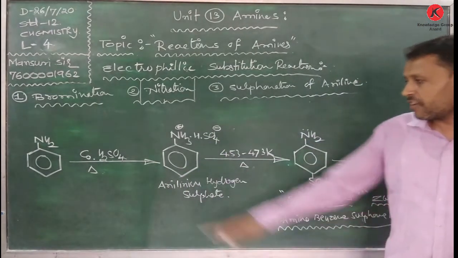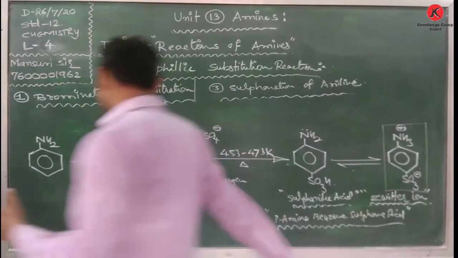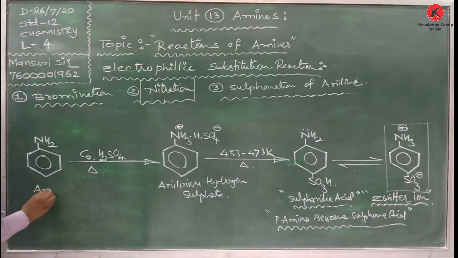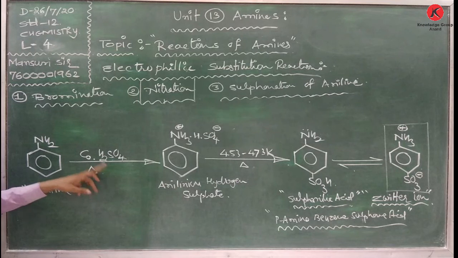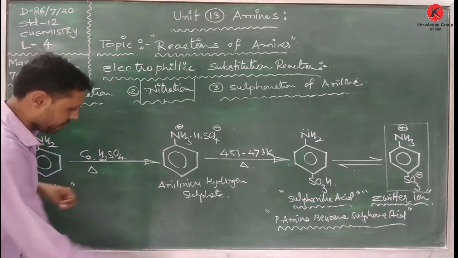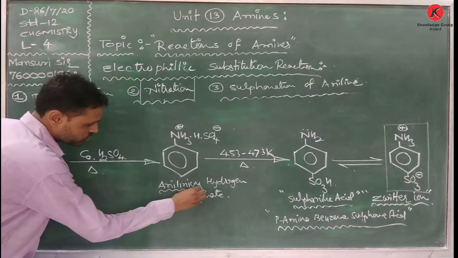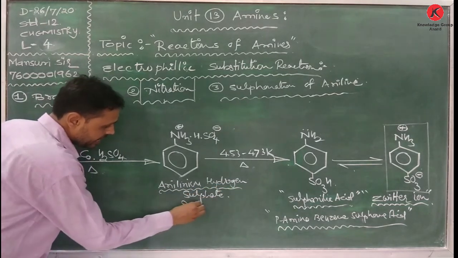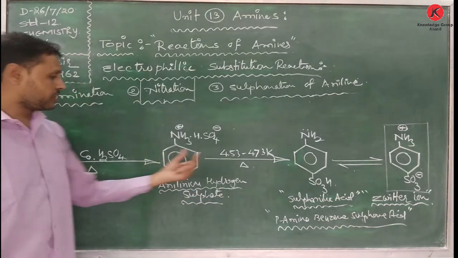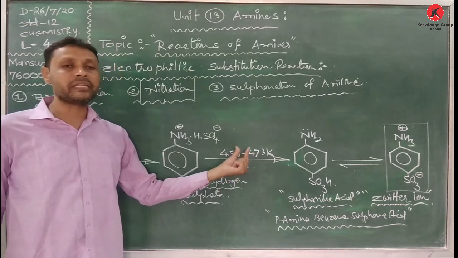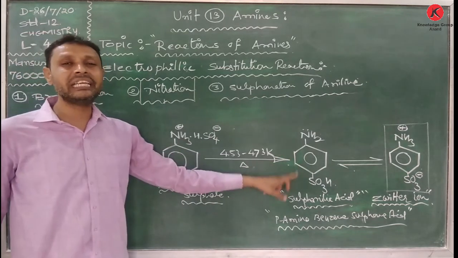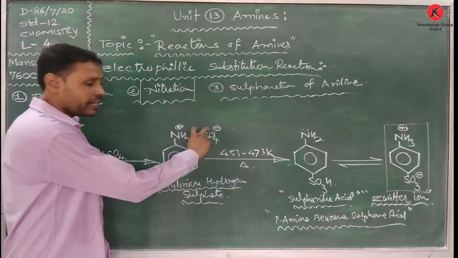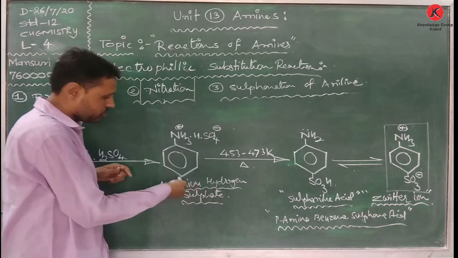So we can say that when aniline reacts with concentrated H2SO4, then anilinium hydrogen sulfate is obtained, and by heating at 453 to 473 Kelvin temperature, it is converted into sulfanilic acid, because the sulfonic group will be going toward the para position.